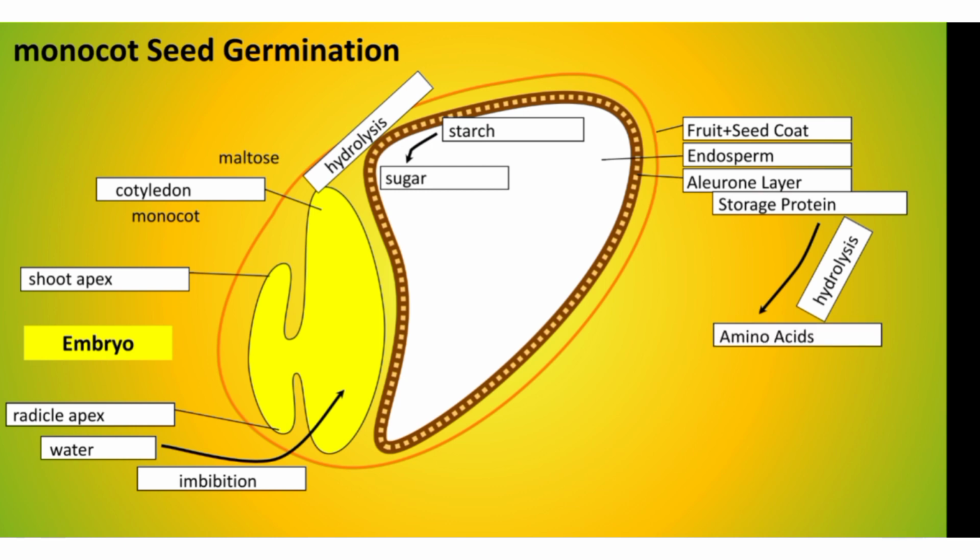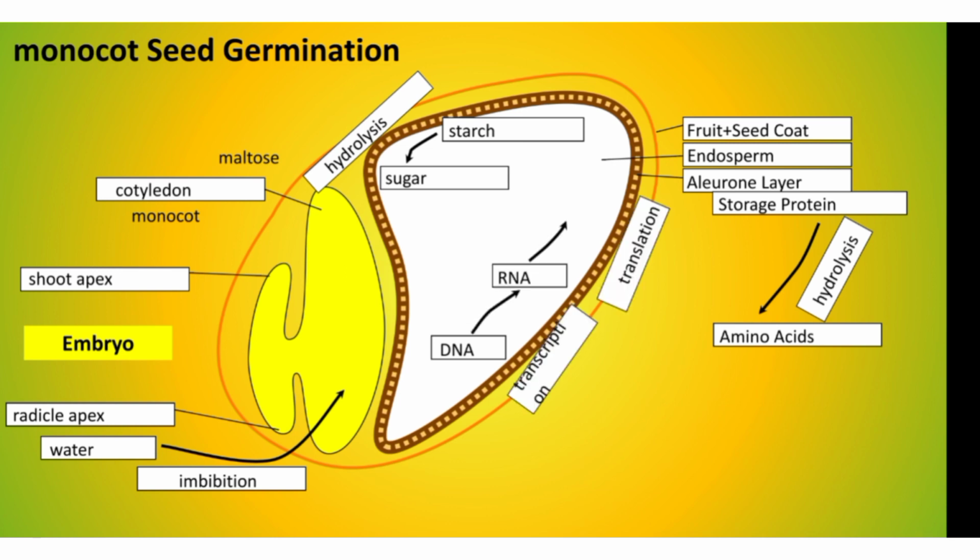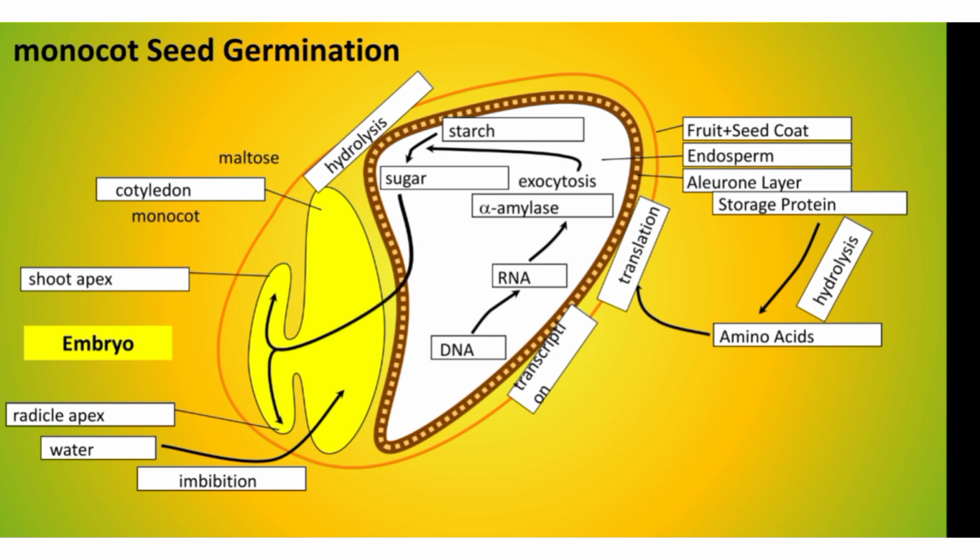Hydrolysis with the help of amino acids helps the DNA to transcribe RNA, translation of the amylase, the exocytosis, the maltose, the starch, and the sugar, and push through for growth and development.